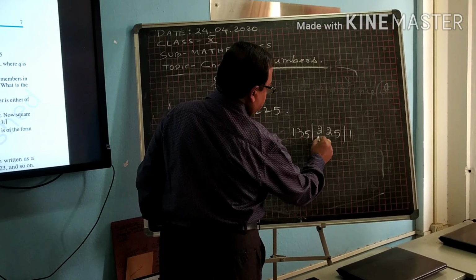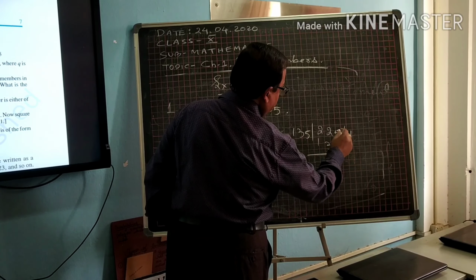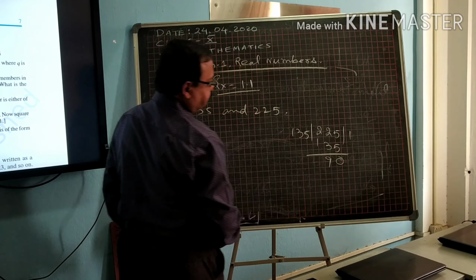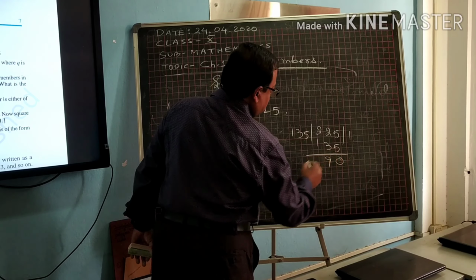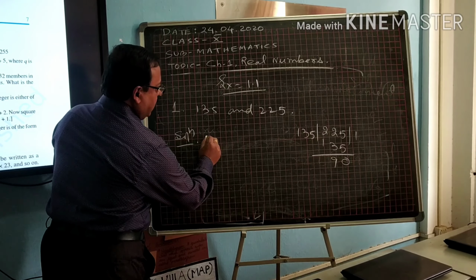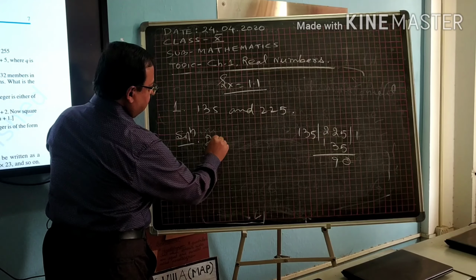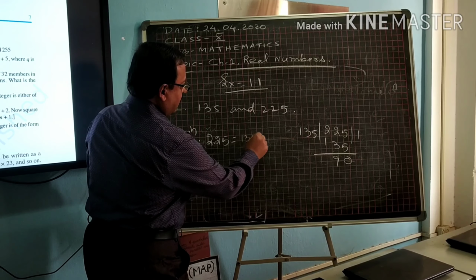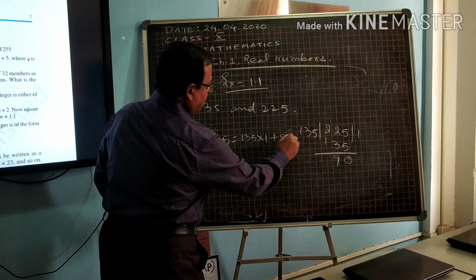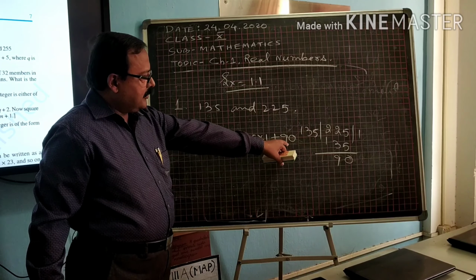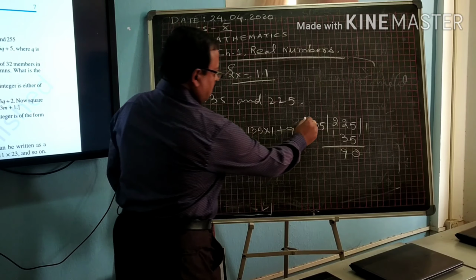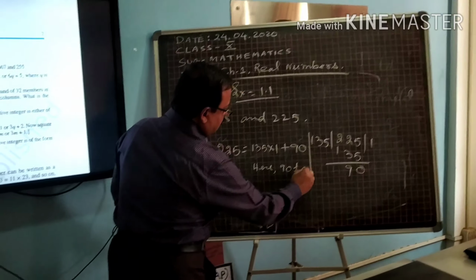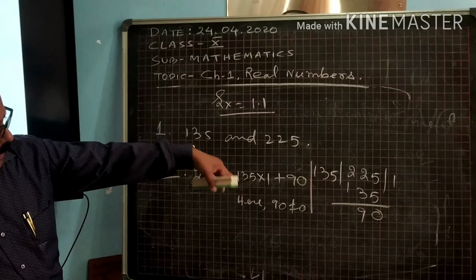One time we get 135, remainder 90. First you get 225 equal to 135 into 1 plus 90. Here 90 is not equal to 0. Then again you go through another step.